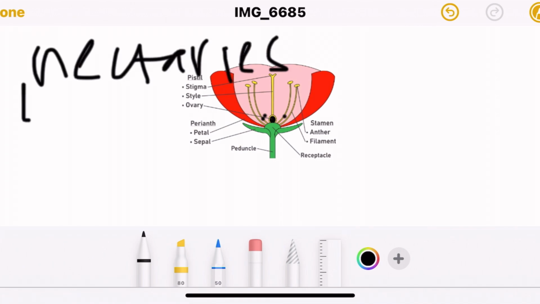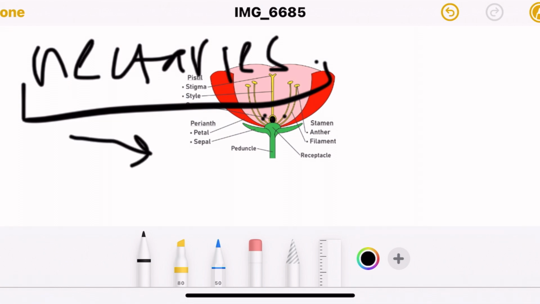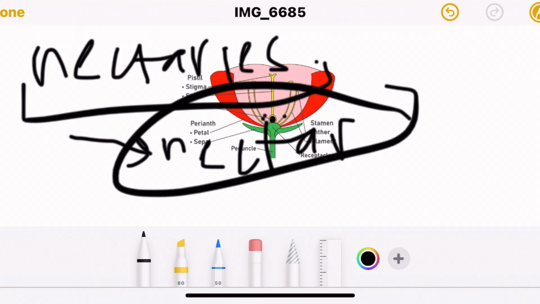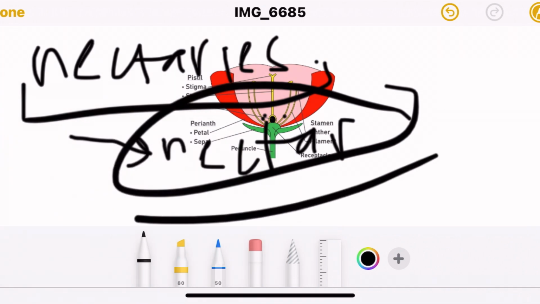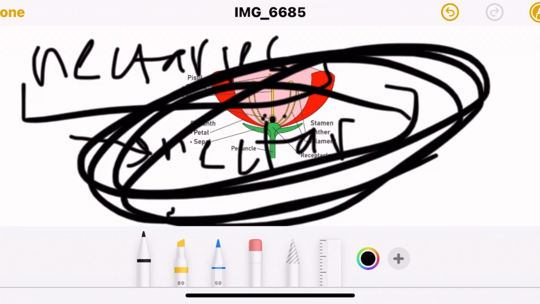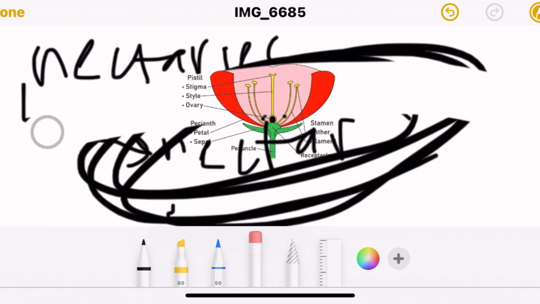And what does this do? The nectaries produce nectar. What does the nectar do? The nectar is sweet. We have seen that the butterflies come near the flower. Why do they come near the flower? They come because they want to drink nectar from the plant. The nectar is a very sweet liquid, and so the insects come to the flower, and when they come to the flower, they help in pollination.